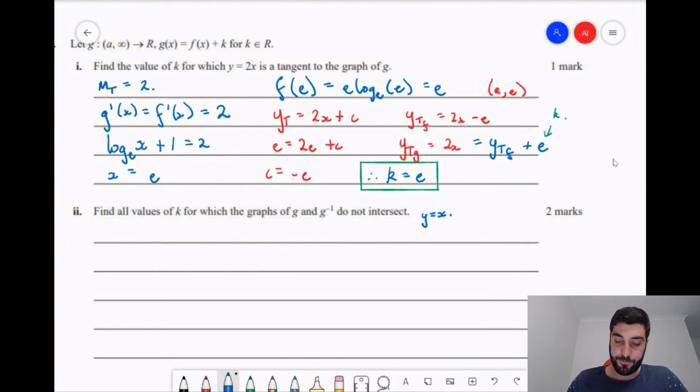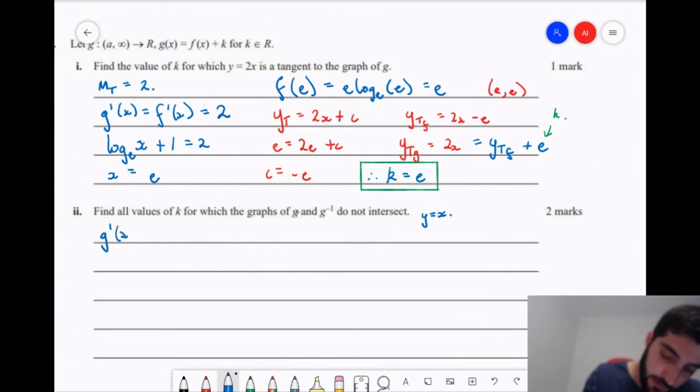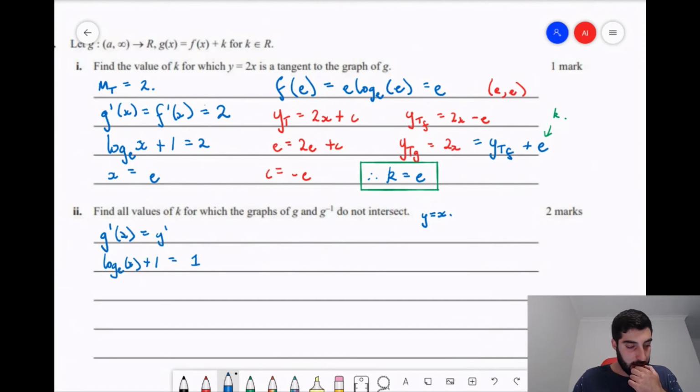But instead, how I was able to solve this problem was by comparing the derivative of g with the derivative of the function y is equal to x, right? So y dash, where the derivative again is like we worked out before for g of x, plus 1, and that's going to be equal to 1. Something like that.